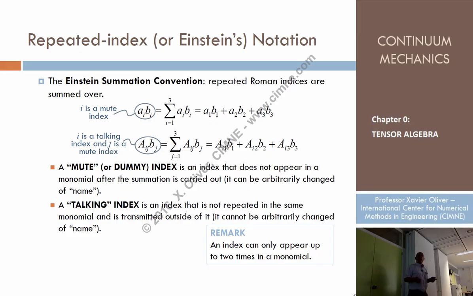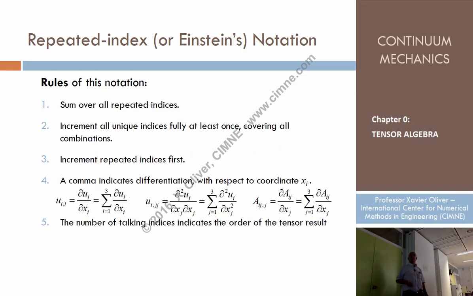But if in that monomial there is one index which is not repeated, that is called a talking index, because in the final expression it remains. Okay? That is the notation that we'll use. It's just a matter of getting used to. If you get used to that, anytime you see that, immediately you will consider that that is a summation in there, repeating the index i. We do exercises about that. Okay?